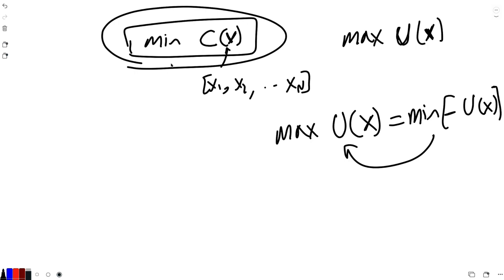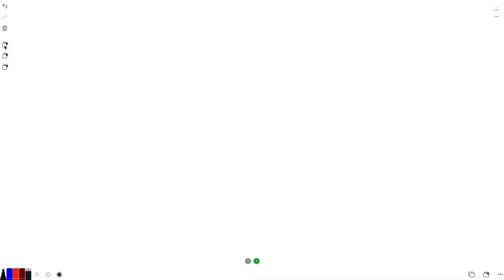Okay, first, what do we mean by minimization, or what is the point which can achieve the minimum? This point is usually called the critical or the extreme point. So let us talk about a function with only a single parameter.